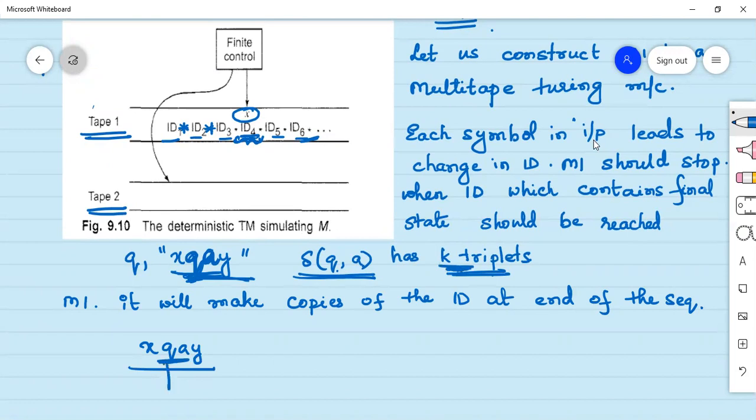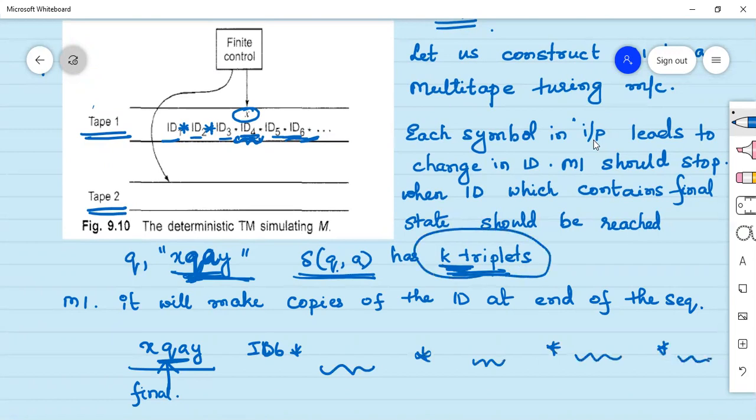If this Q is not a final state, you can see you have ID6. After that, I am going to create multiple IDs, basically k more IDs based on delta Q on A, where all it will go.